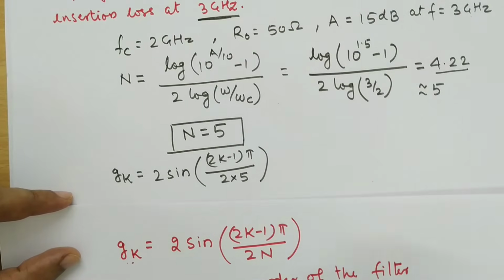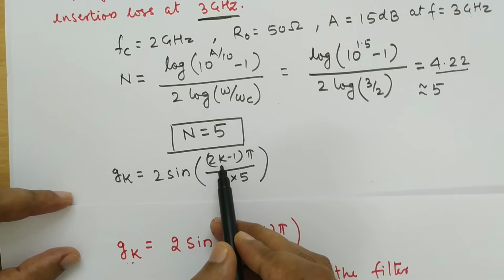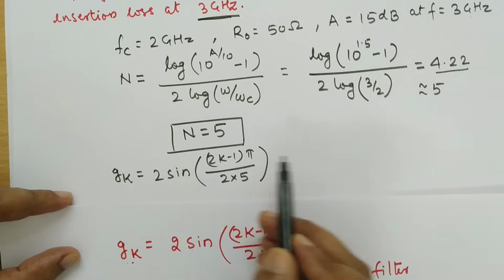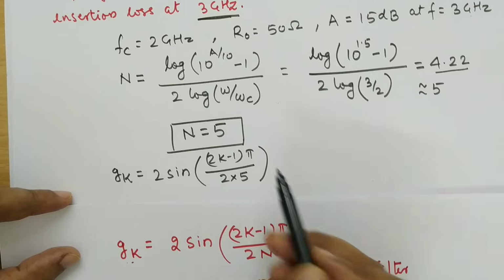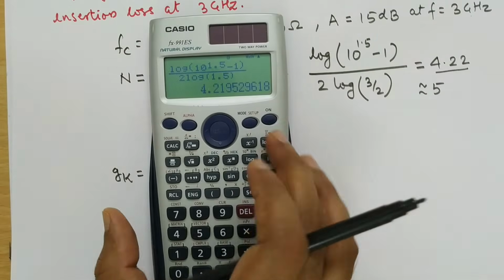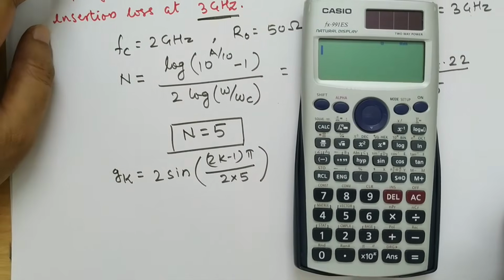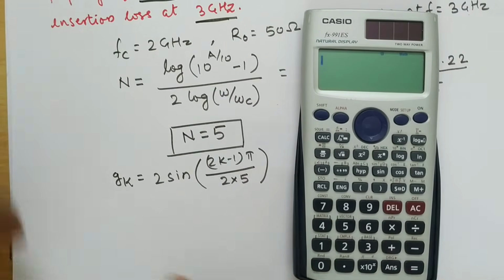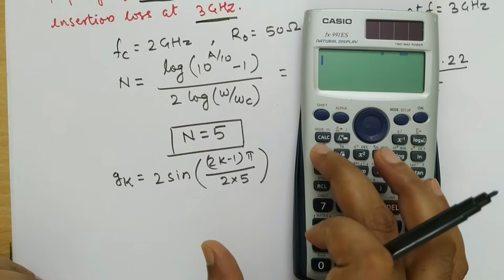So this is our formula, and for different values of k from 1 to 5 we will calculate the Gk value. To calculate that, we can use the calculator in the easiest way. We just have to type the formula. So let us type it.